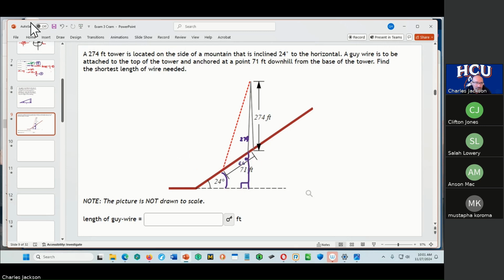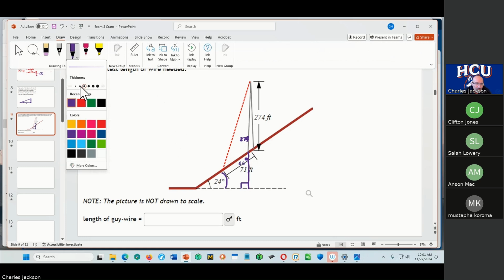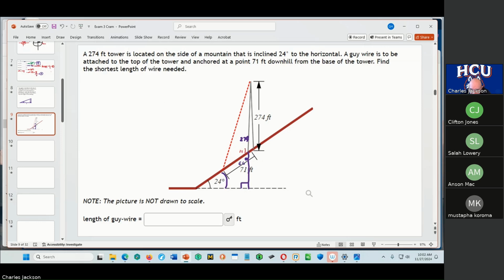And that leaves 66 for the other two angles.